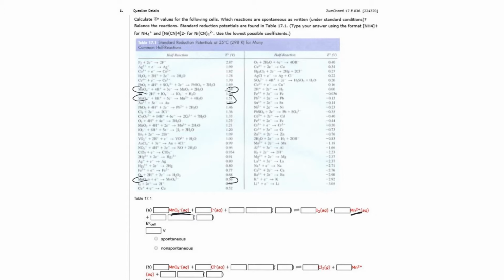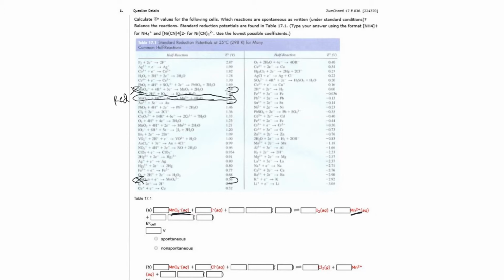So that eliminates this permanganate, as well as this one. So that leaves us just with one possibility. And the fact that permanganate's on the reactant side means that this is going to be our reduction reaction.